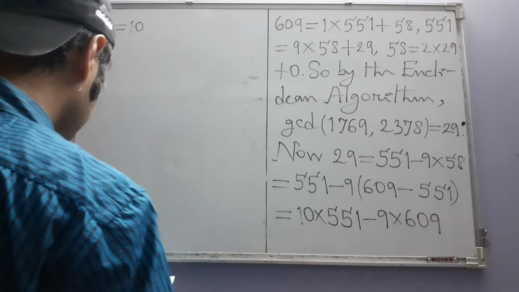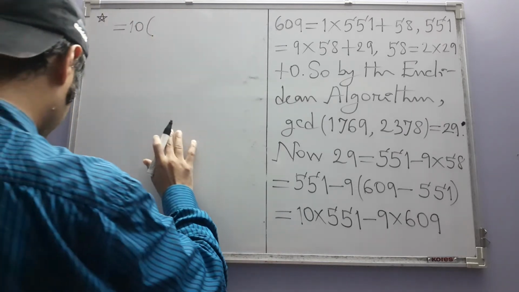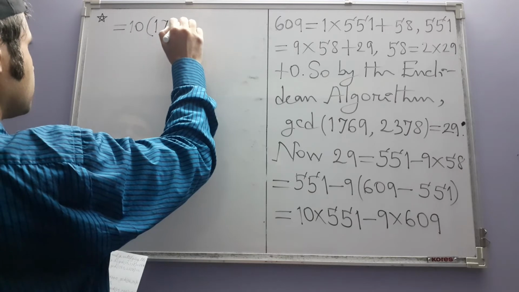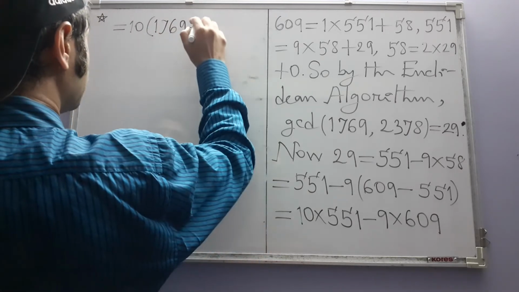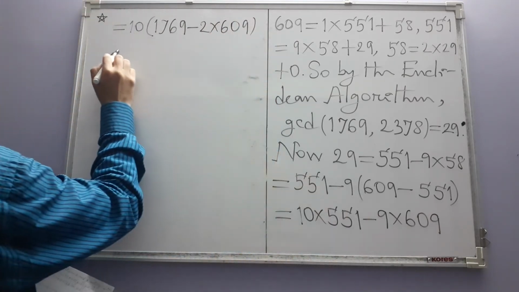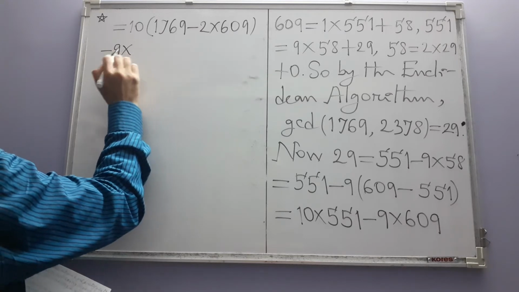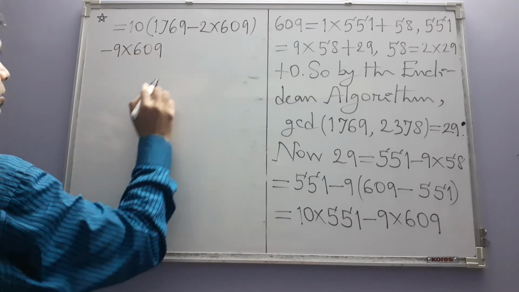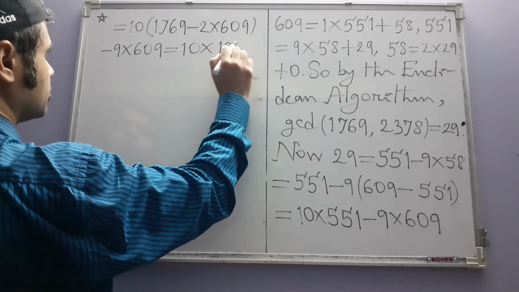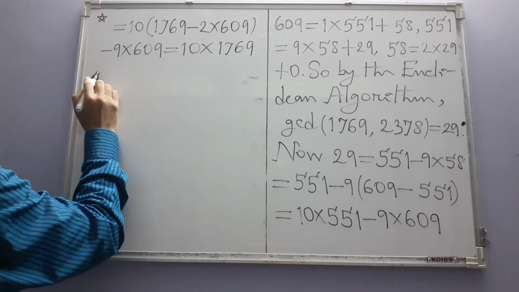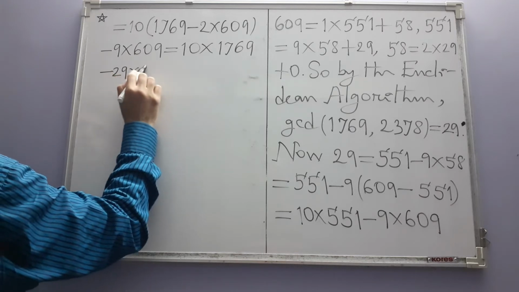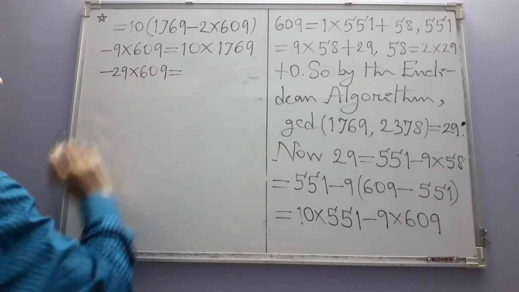So in place of 551, we can write 1769 minus 2 times 609, and outside we have 9 times 609. So this gives us 10 times 1769 minus 20 minus 9, so minus 29 times 609.